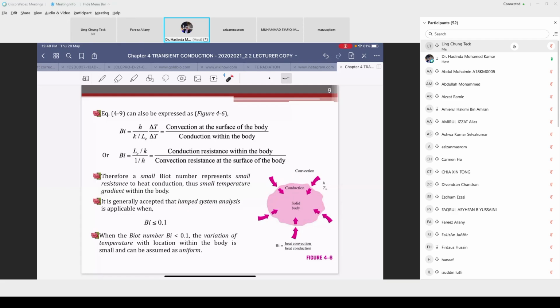Okay, meaning that if your Biot number is less than 0.1, you can tell yourself the body has uniform temperature at a certain time. But if time changes, the temperature will change uniformly too. Everything is the same, but it changes together. Understand?